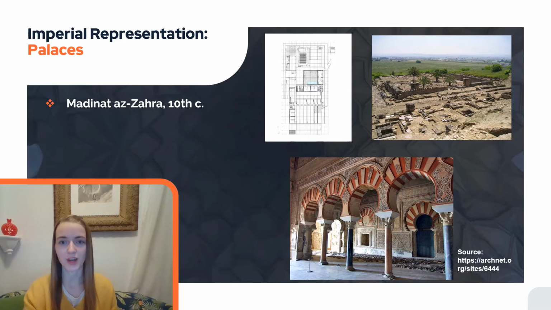Now we jump geographically to Al-Andalus, where a part of the Umayyad family had gone, namely to Spain. In Córdoba, there is a residence created in 936 called Madinat as-Sahra, the so-called blooming city. Different buildings with small rooms around a central courtyard denote the private area.